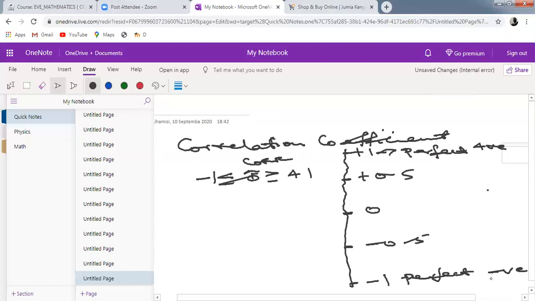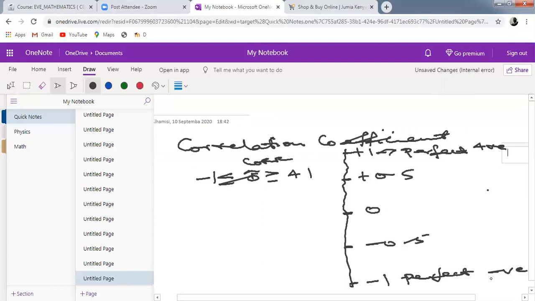Perfect negative correlation will arise whereby I have variables like price and the quantity demanded. If I increase the price by maybe doubling, then the quantity demanded reduces by a half of what used to be demanded, then I'm going to be registering a perfect negative.